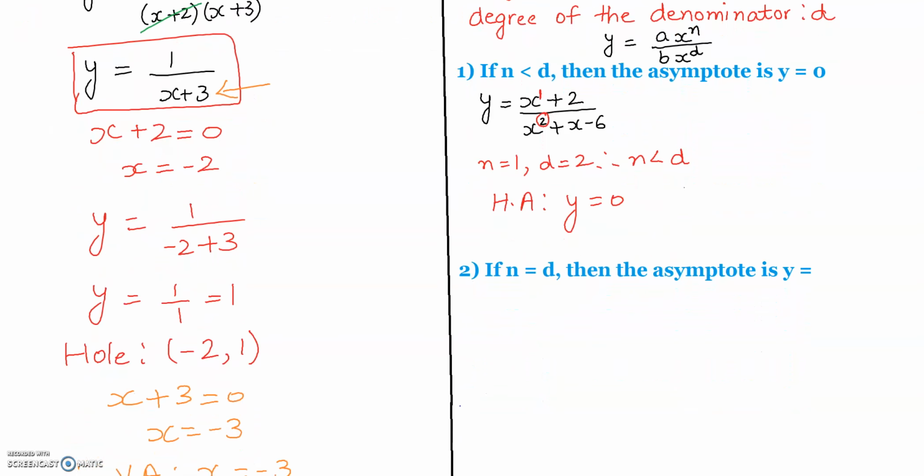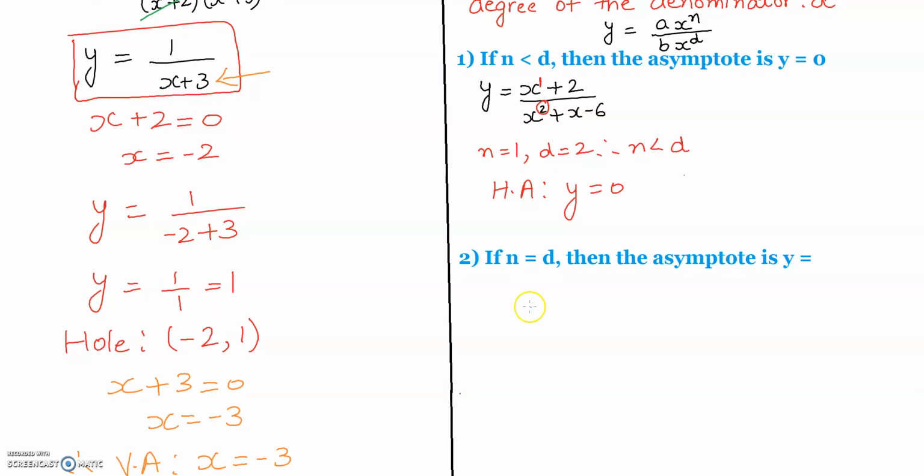Let's look at the second scenario. If n is equal to d, then the asymptote is y equals a over b. And I'm going to show you the example. The example is y equals (4x plus 7) over (x plus 2).